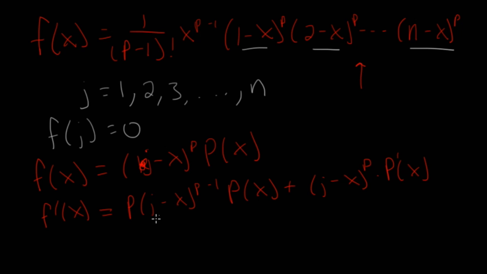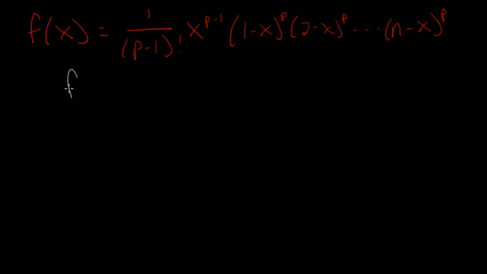And so now if we put in f prime of j, we will get 0 because of these parts of the function. And this argument will work for any derivative of f of x up to p minus 1, because that's when these terms will start running out, at the p minus 1th derivative.